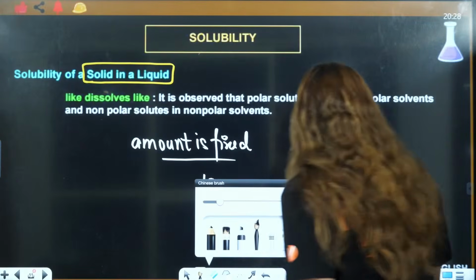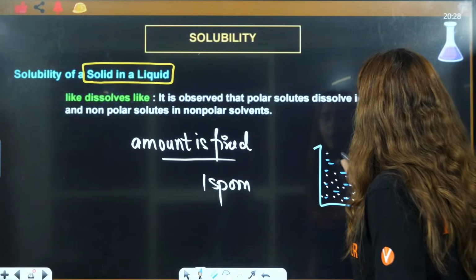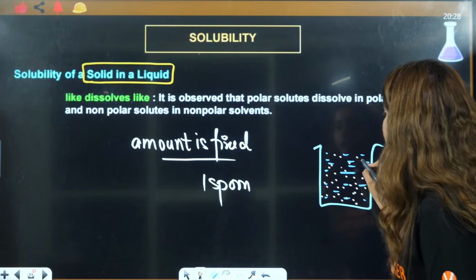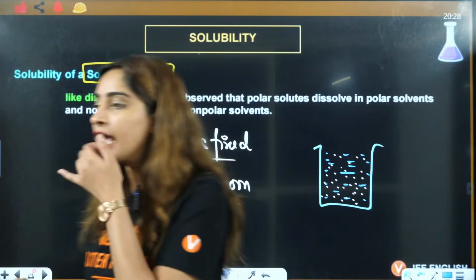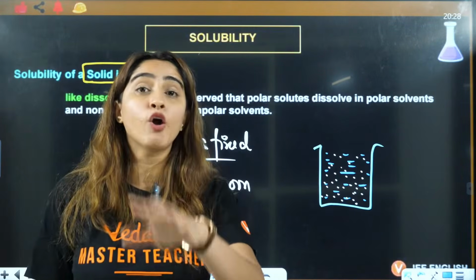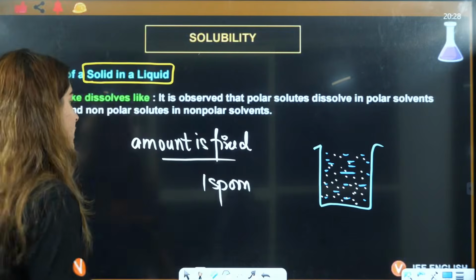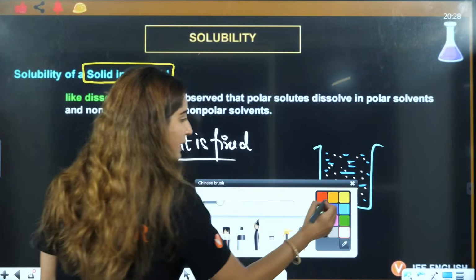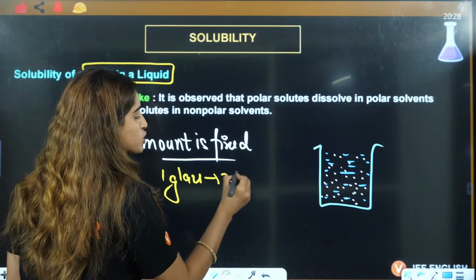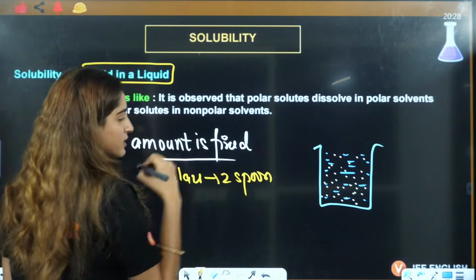If you increase the quantity of the water, will the amount of sugar that we are dissolving increase or decrease? Tell me one thing. Let's say in 1 glass, only 2 spoons I'm able to mix, right?